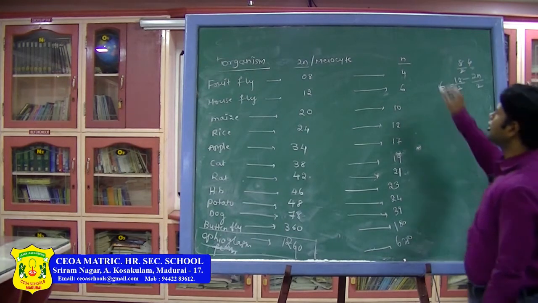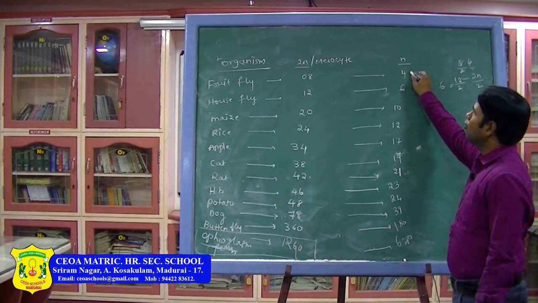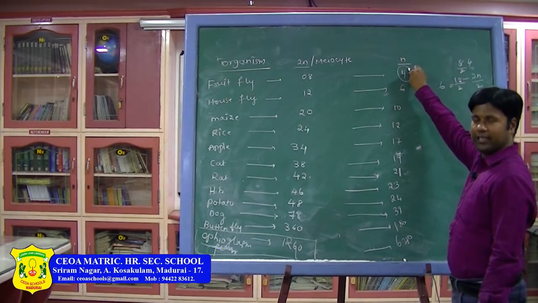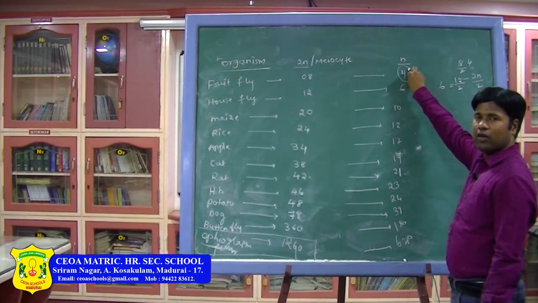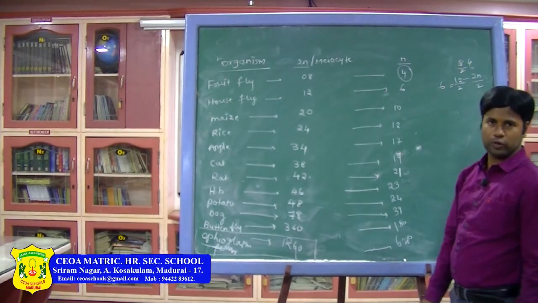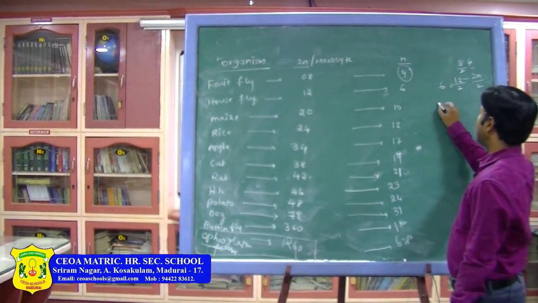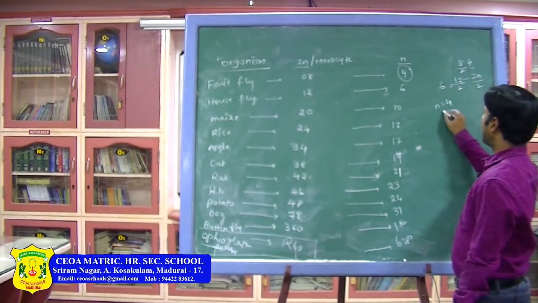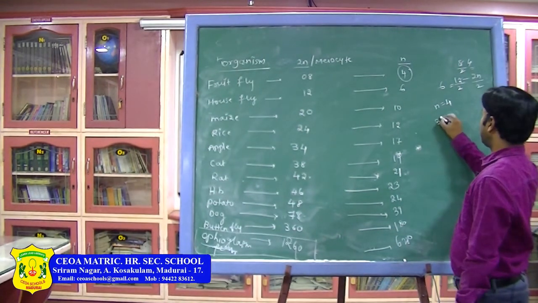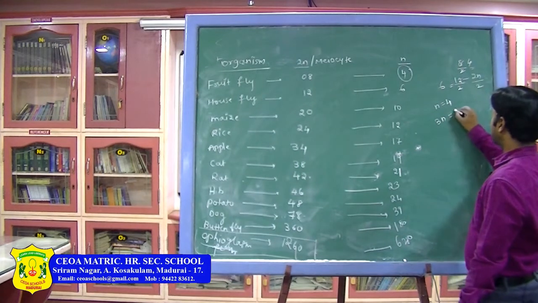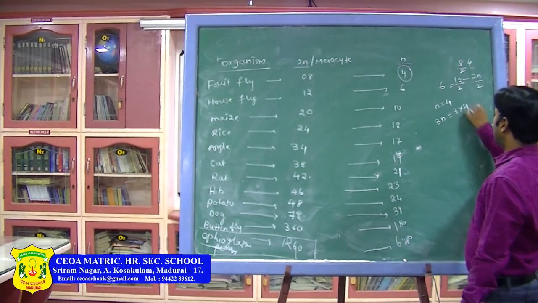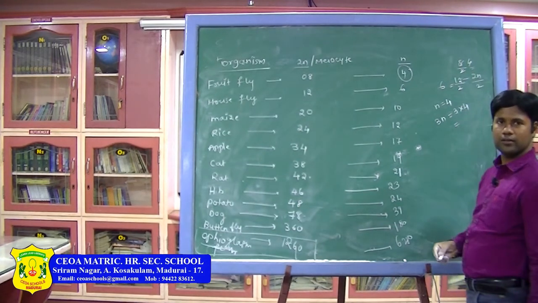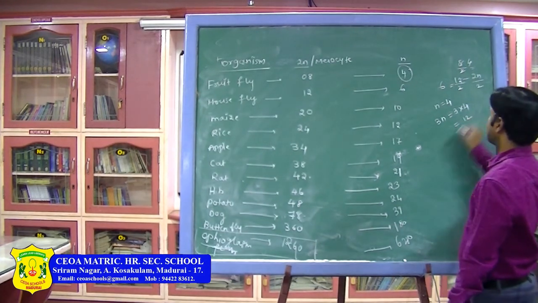Okay. If the question is given in a fruit fly, the haploid number of the chromosomes is 4, then what is the triploid number of the chromosome? Triploid means 3n, n equals 4. 3n means 3 into n, n value already given, that is 12.